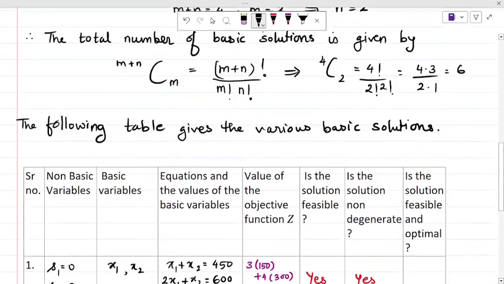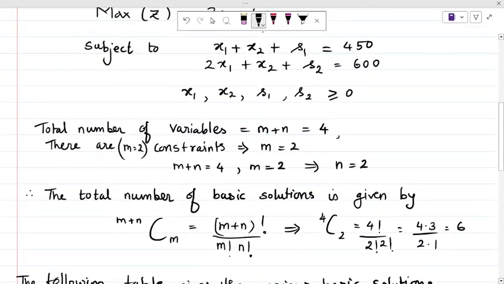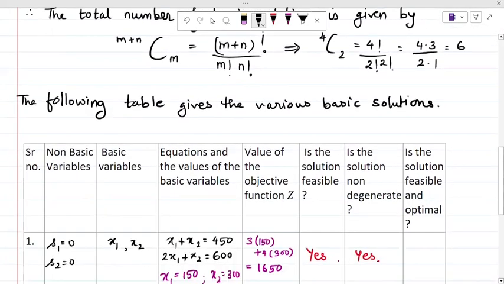So let us see the equation. When we substitute s1 equal to 0 and x2 equal to 0, what do we get?